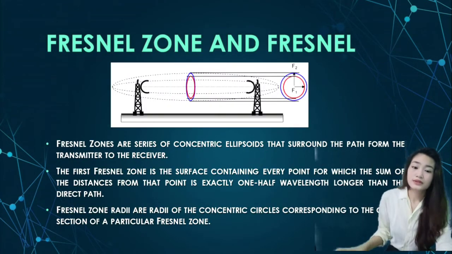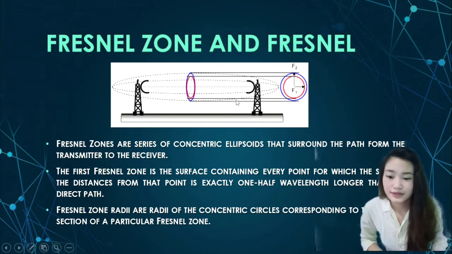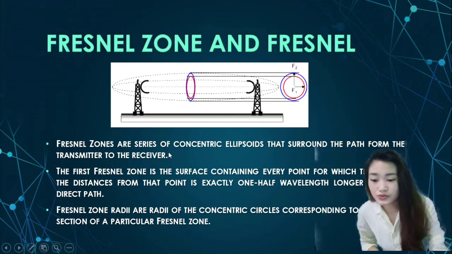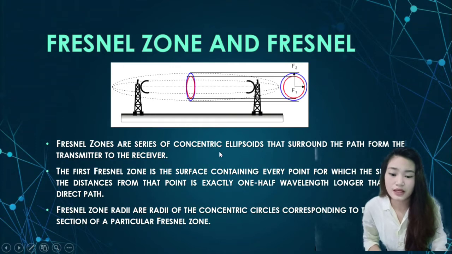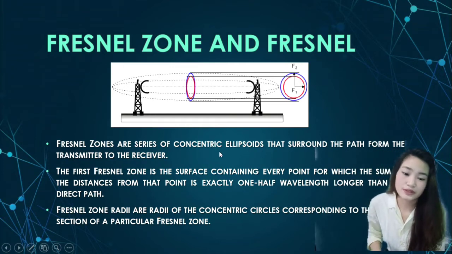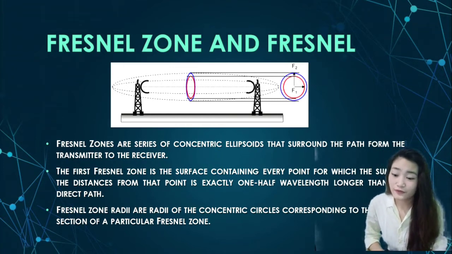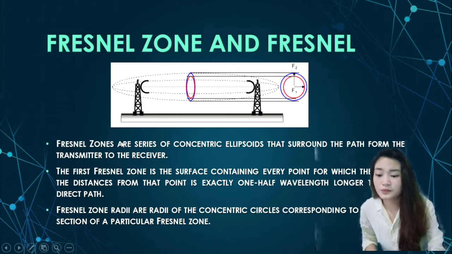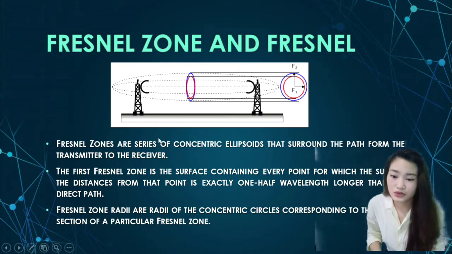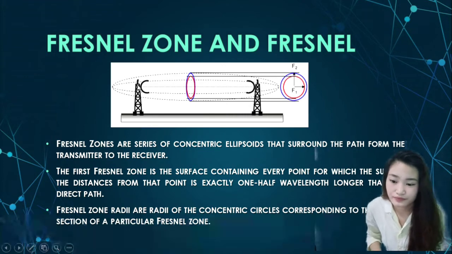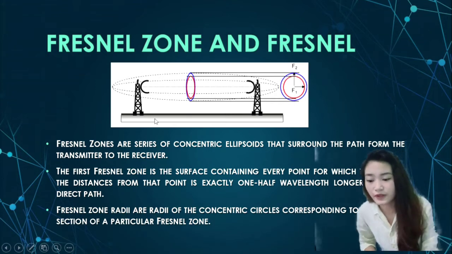Fresnel zones are a series of concentric ellipsoids that surround the path from the transmitter to the receiver. As you can see, this is the Fresnel zone. It surrounds the path from transmitter to the receiver.